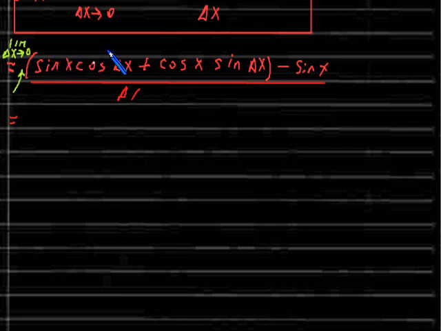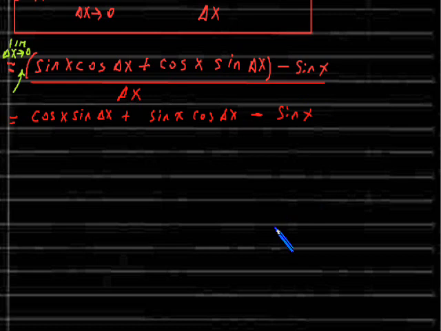So I'm going to write here cosine of x sine delta x, then I'm putting this over here on the other side. So this is going to be plus sine x cosine delta x, and then I'm just going to write here minus sine x. Okay, very good.